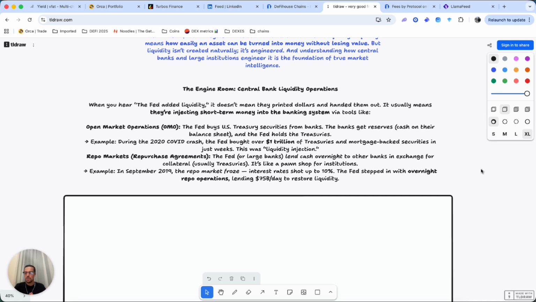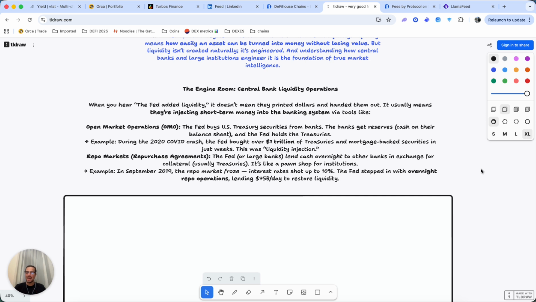Also, they have a tool that is called repo markets, or known as repurchase agreements, when the Fed or largest financial banks lend the cash overnight to other banks in exchange for collateral, usually different treasuries. It's like a pawn shop for institutions. For example, once again, in September 2019, the repo market froze, so interest rates shot up to 10%.